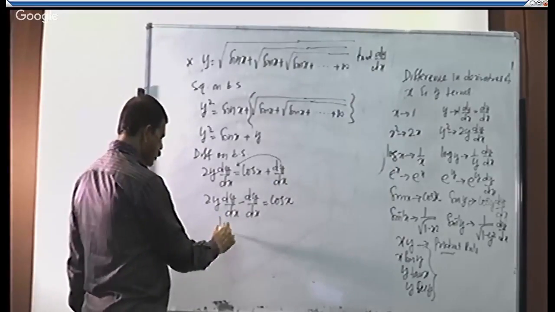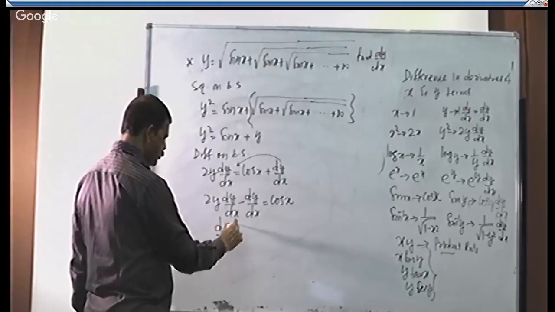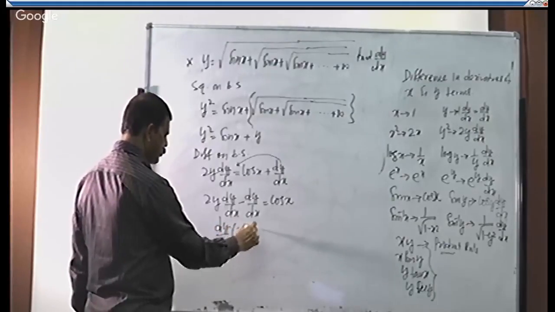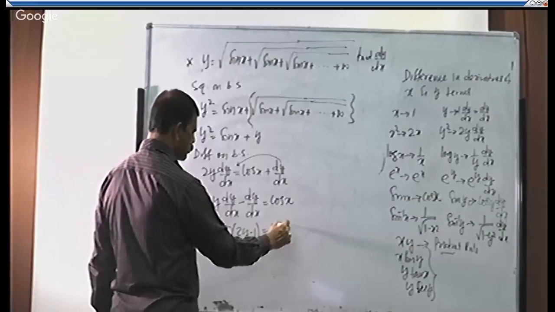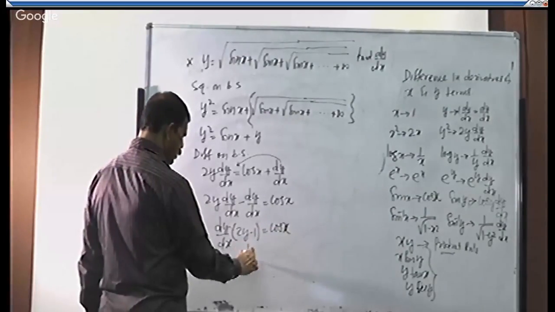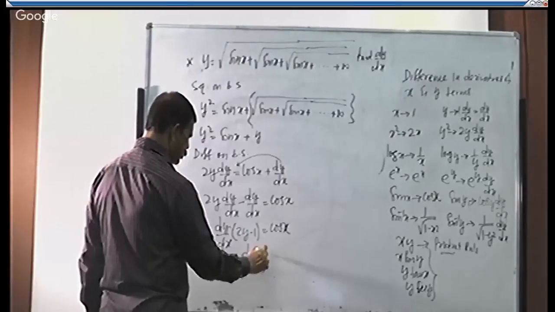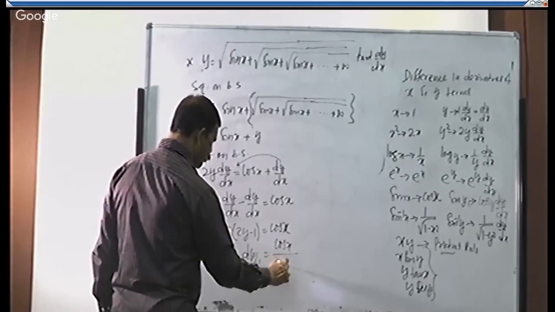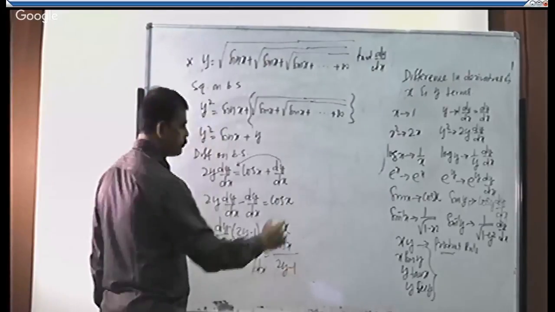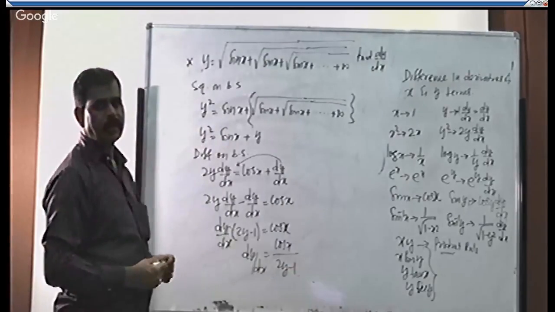Take dy by dx common, that is 2y minus 1 is equal to cos x. Hence dy by dx becomes cos x whole divided by 2y minus 1. So this is the answer.